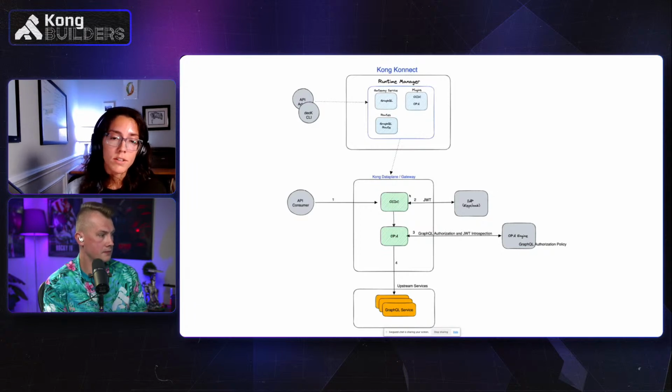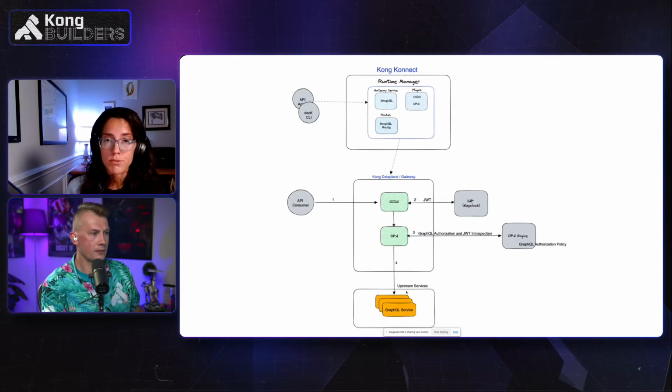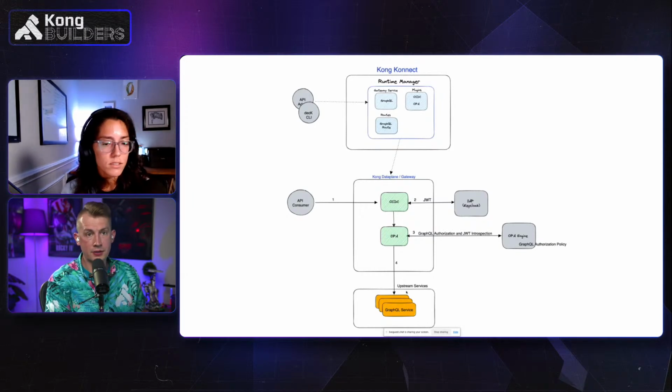So Keycloak's going to issue that JWT, and then it goes down to OPA, and we take that request and your JWT, and we send it over to the OPA engine. It's going to execute your authorization policy to assess if your request can pass or not, and then once it has that decision, it returns it back, and then decides if you can go hit your back end or upstream service. Fantastic. So we will be switching to a different screen to start building.